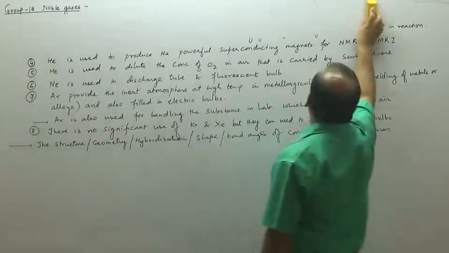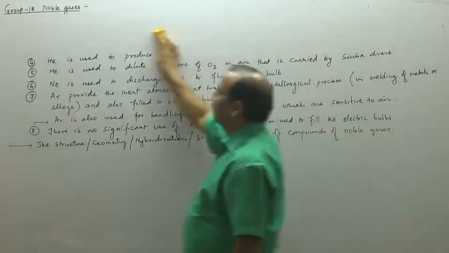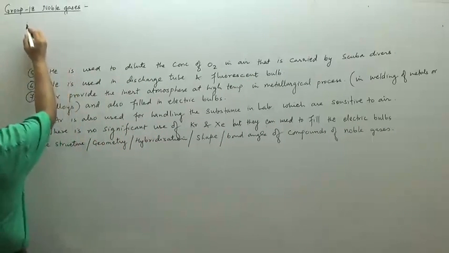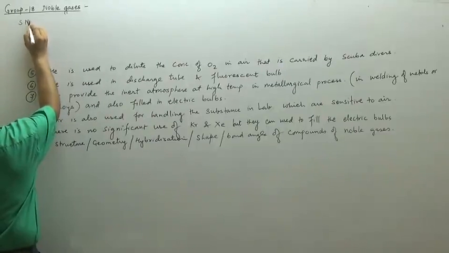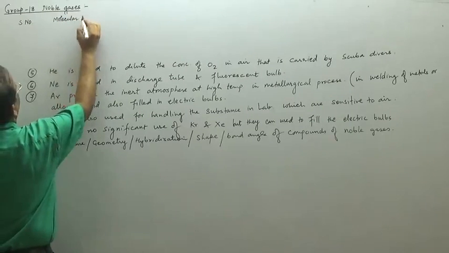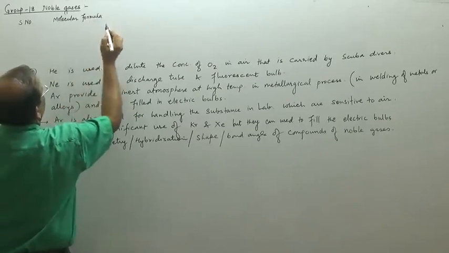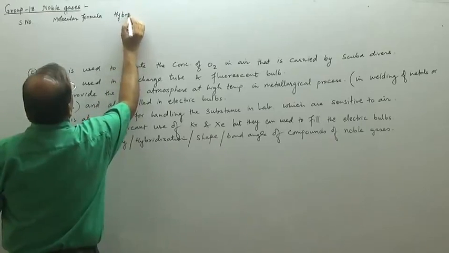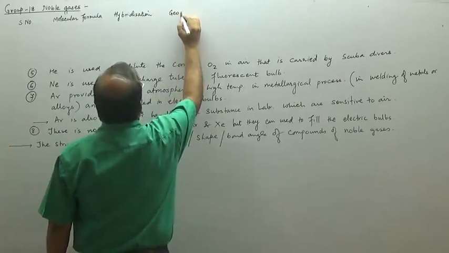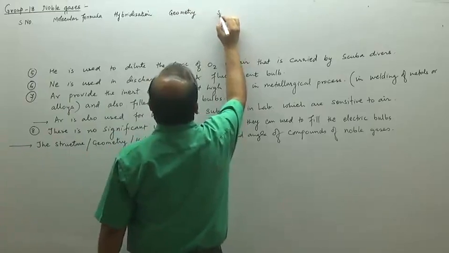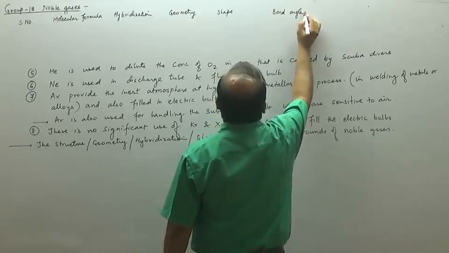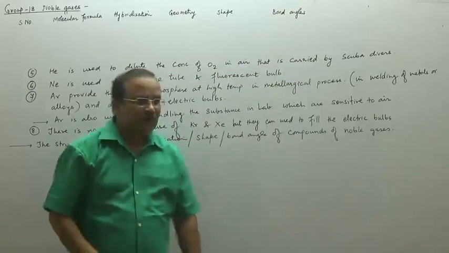The table will have the serial number, the molecular formula, then the hybridization, then the geometry, the shape, and then the bond angles.